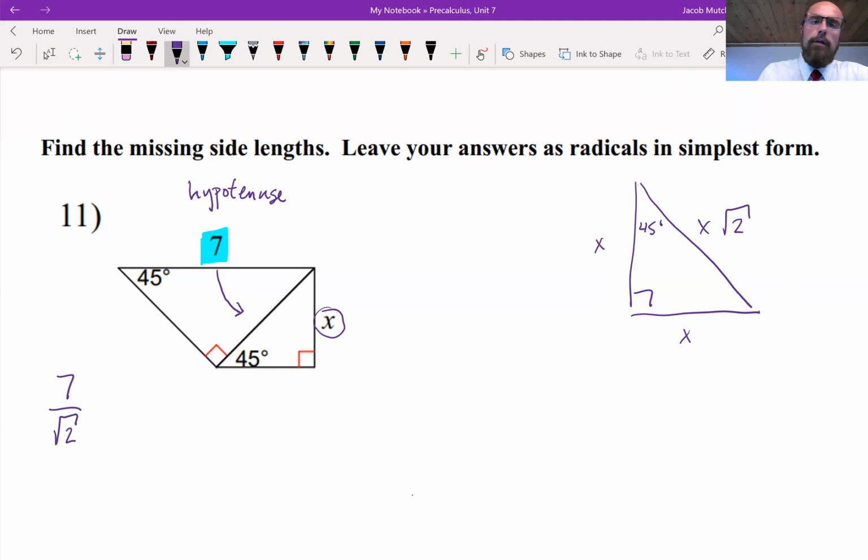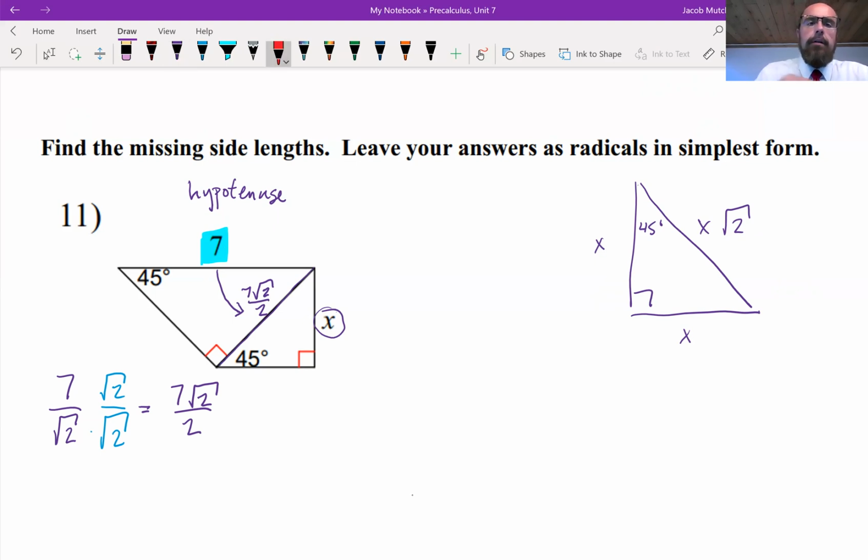Again, I need to rationalize the denominator by multiplying by square root of 2 over square root of 2. So for this intermediate side, it's not my final answer, 7 square root of 2 over 2. So I found now the lower leg of that upper 45, 45, 90.